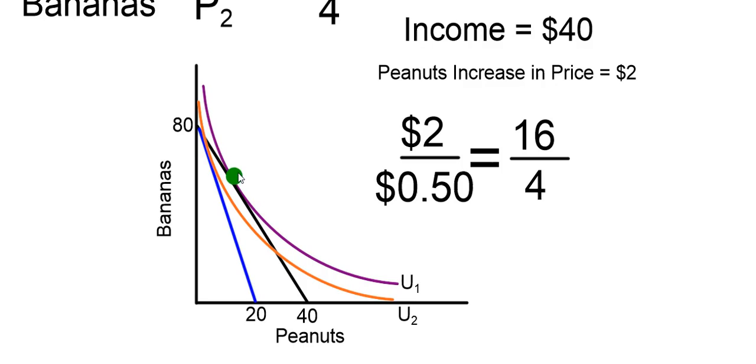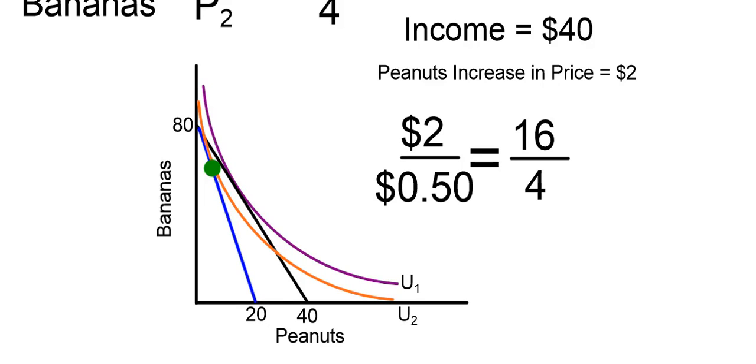So she's moving from there to there, which is less peanuts. But we can see how that works using a marginal analysis and seeing how her budget constraint is going to shift from here over to here. And since the price of bananas remains unchanged, that means that this point right here is the same. Okay, so she's here.